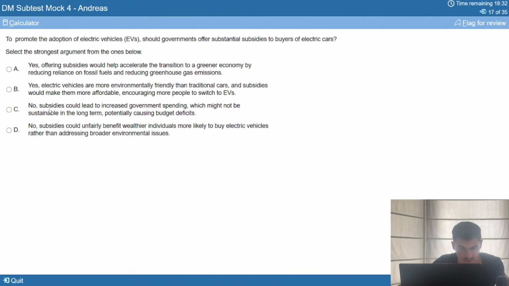Let's read on. No subsidies could lead to. Doesn't talk about electric cars, so no subsidies could fairly benefit with the subsidies. I mean, the first one doesn't talk about electric cars, so I'm gonna go, yeah, it's probably B.